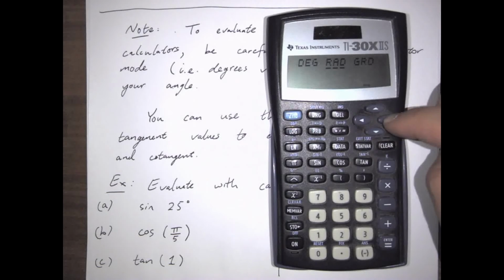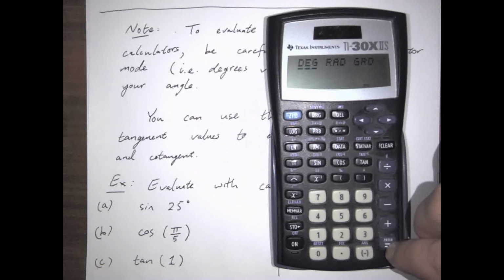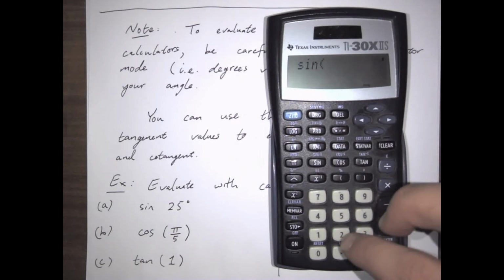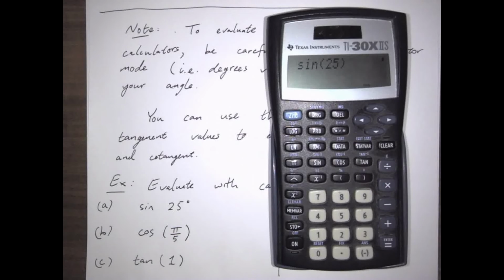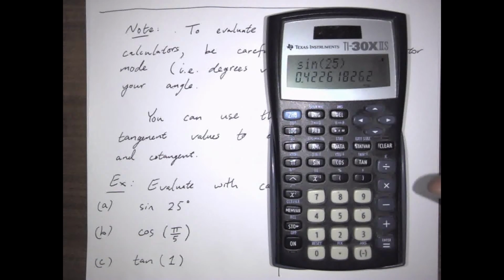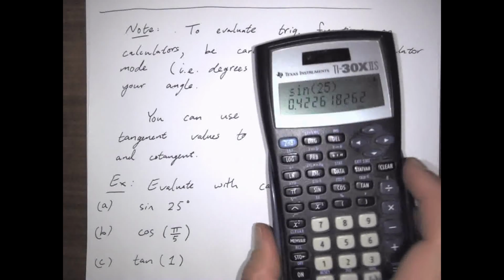So we want degrees or radians, as the case may be. And let's say I want the degrees for that first one. So sine of 25. If you have it in degree mode, you don't need to go in and enter the little degree symbol. And that's what I get.